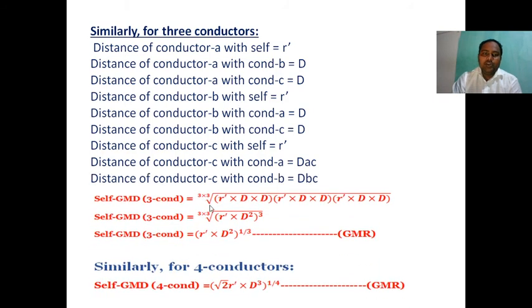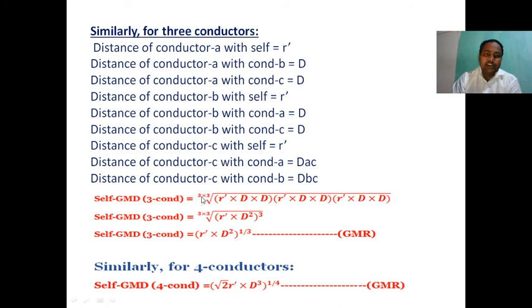So please see that. R dash into D, R dash into D into D, R dash into D into D. Every conductor has three possibilities, R dash into D. We consider all the possibilities. So what is the basic formula for calculation of self GMD? Geometric mean of all possible three square distances.